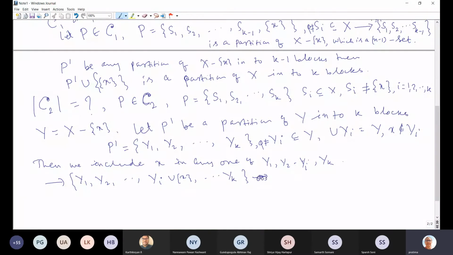So this belongs to the collection C2 we have taken. It is all right.